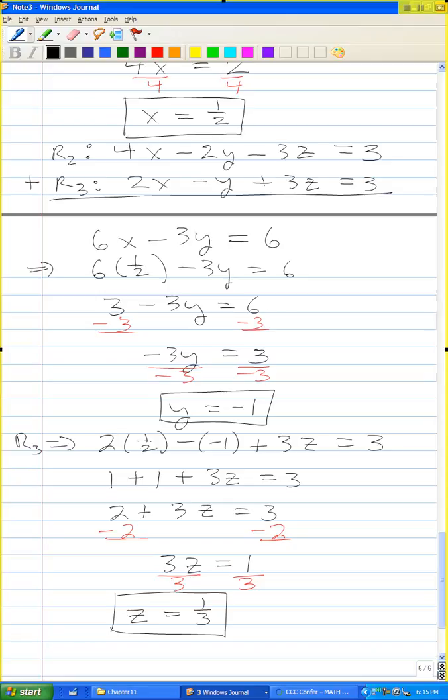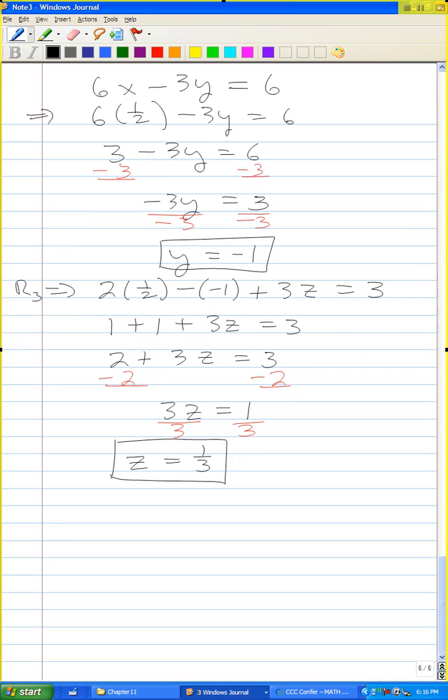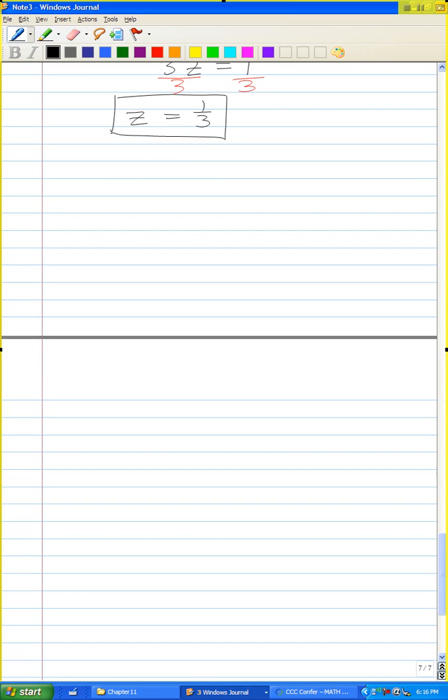Let me do problem number, let's say 24. 3x minus 5z plus 1 equals 0. 2x plus 7y minus 6 equals 0.